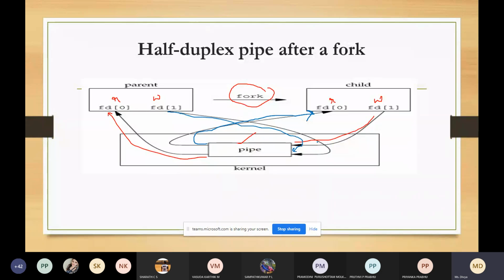This end we are using for writing, and this end we are using for reading. Like this, two processes, parent and child, can communicate and transfer data.